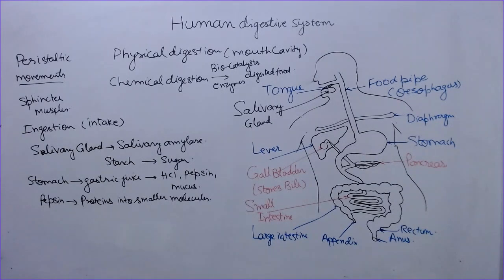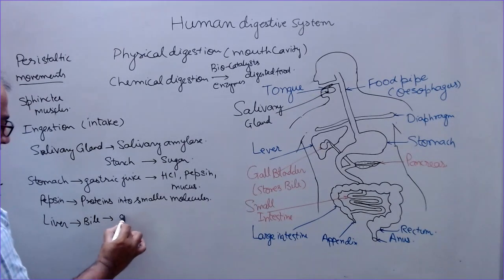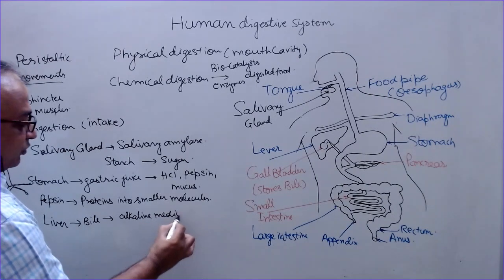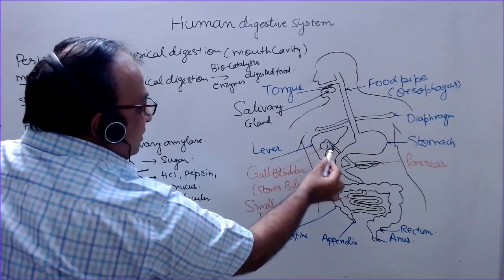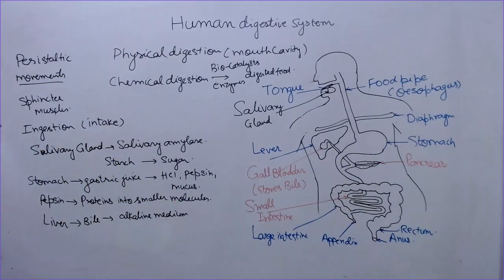The liver secretes bile. Bile is a greenish yellow liquid that makes the medium alkaline, and bile is stored in the gallbladder. From the gallbladder this enters the small intestine.